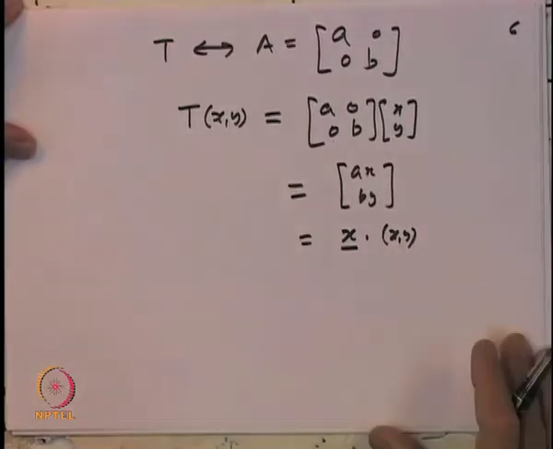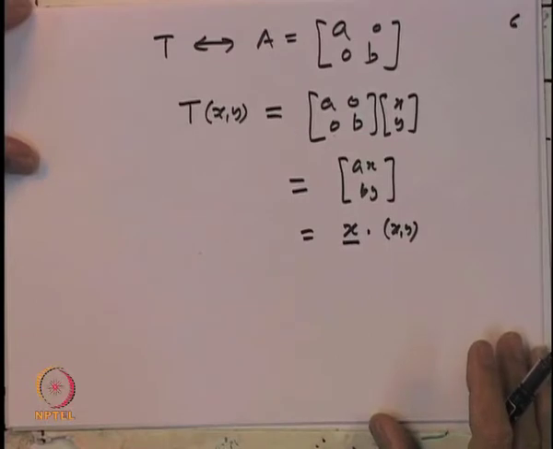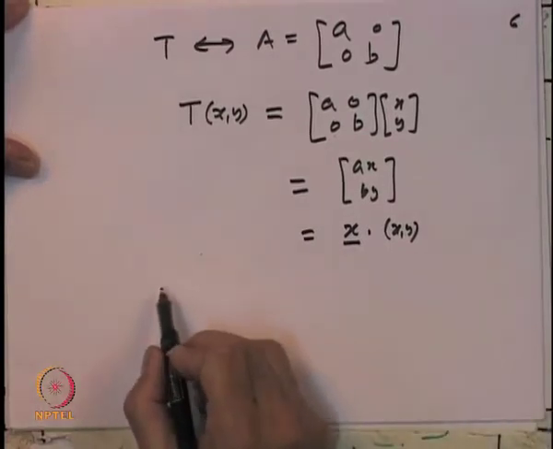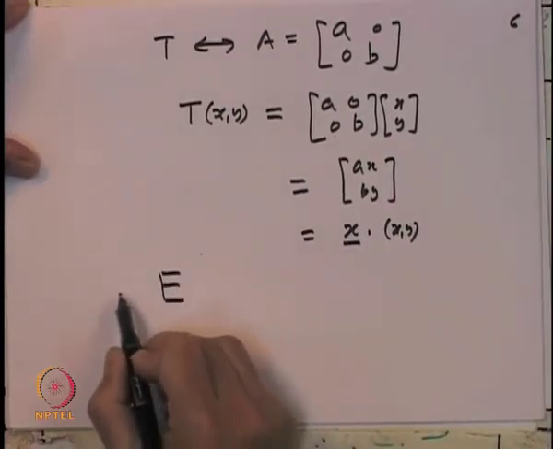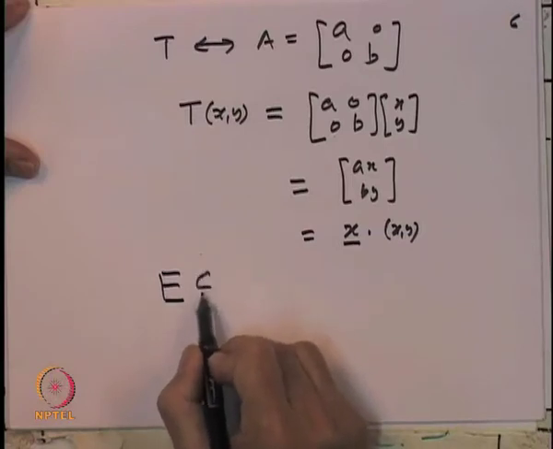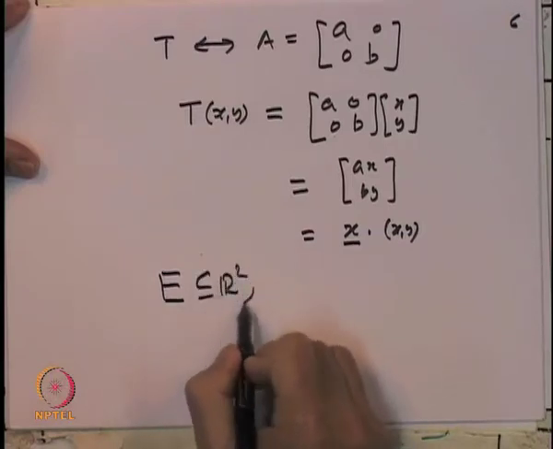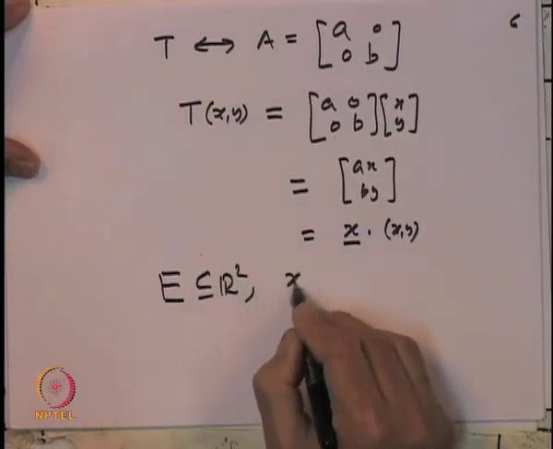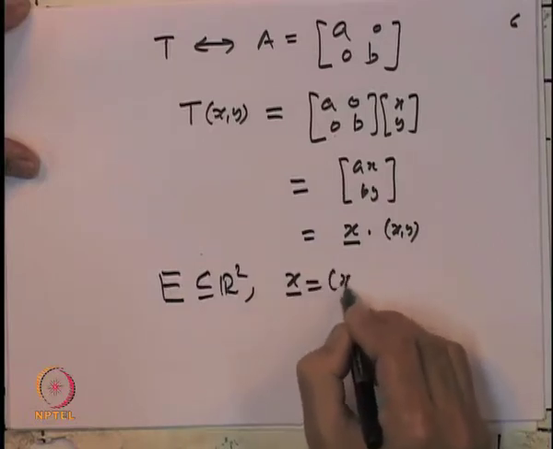In our notation, we had this for any set E, a subset of R 2, and a vector x with components x, y.